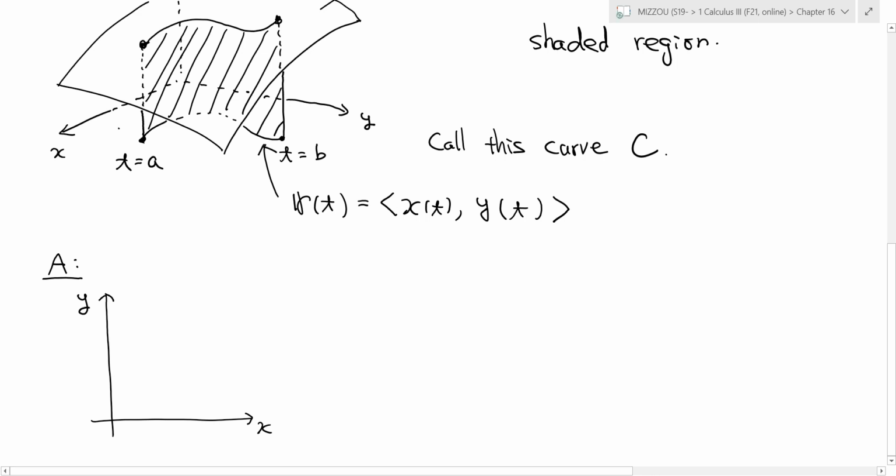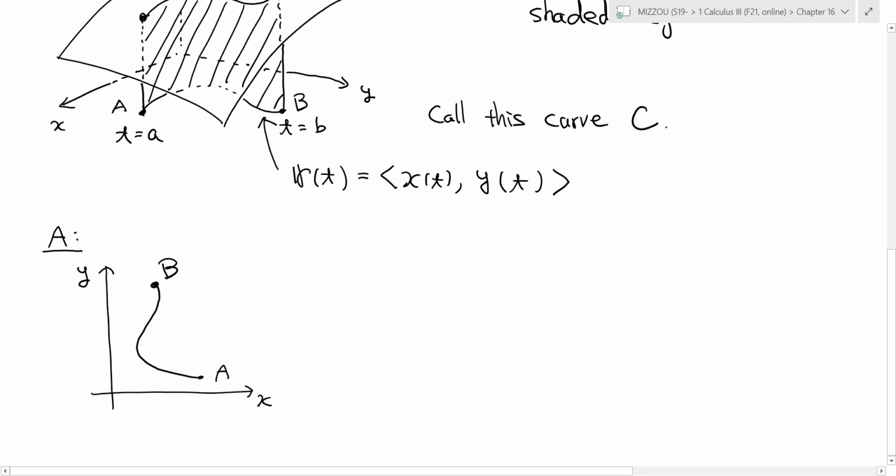Let's call this starting point A. Let's call the ending point B. So we have A, in this case, starting from here, like this, B here. That's how it looks.